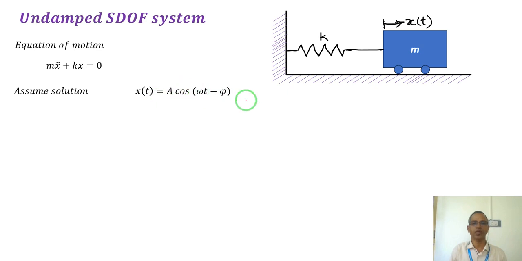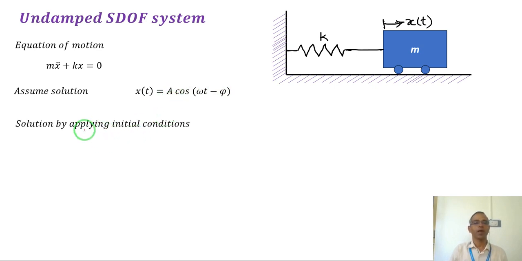This is the response because we know this will vibrate like a cos or sine, where A is the amplitude of that vibration and phi is the phase lag. Depending upon the initial conditions, phi and A will change.